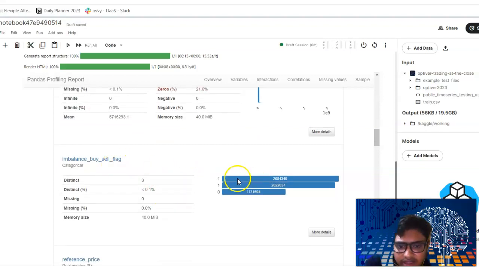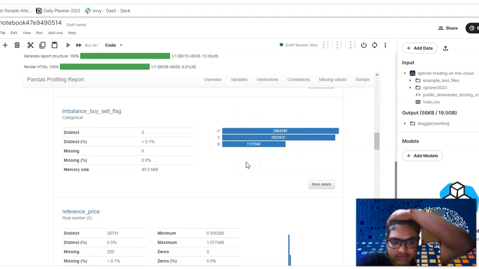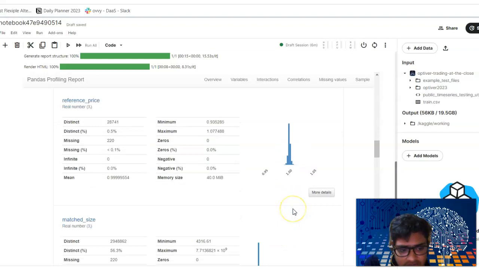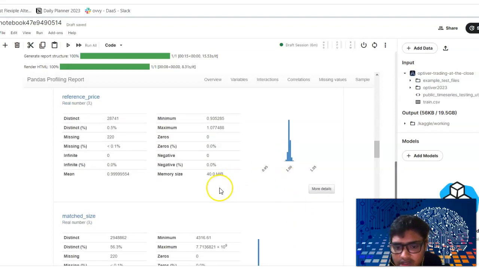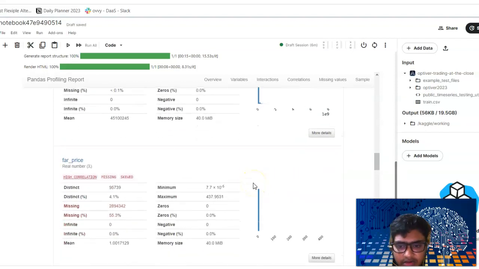Imbalance buy sell flag, as you can see, has -1, 1, and 0, and it is quite a good distribution. Maybe we can split this using pd.get_dummies into 3 different variables. That would be helpful. Reference price seems to follow a very high normal distribution, and for match size, 0 is very predominant.